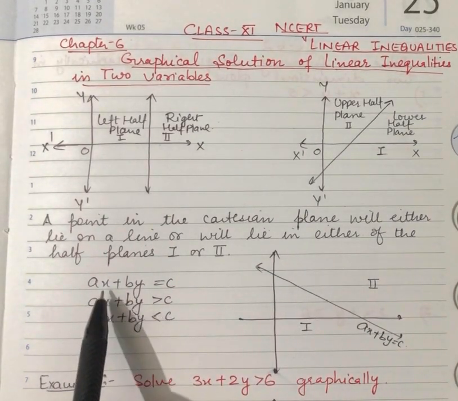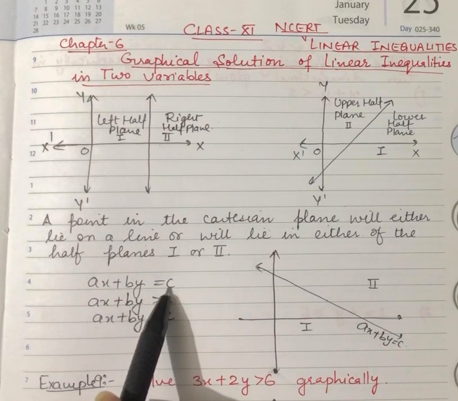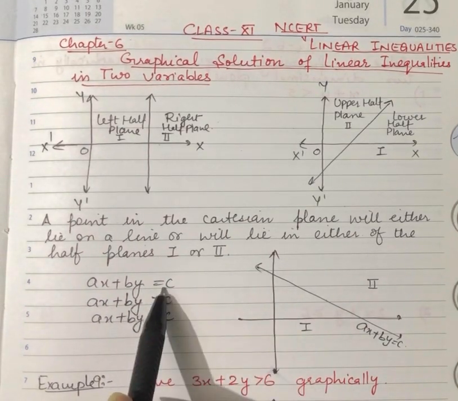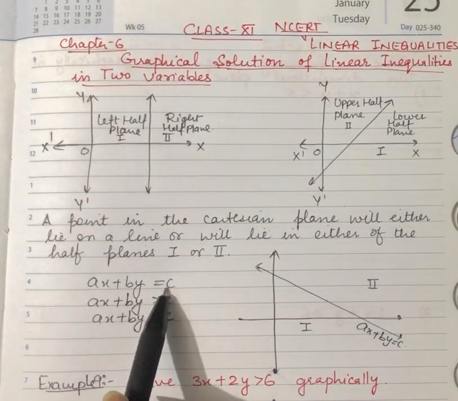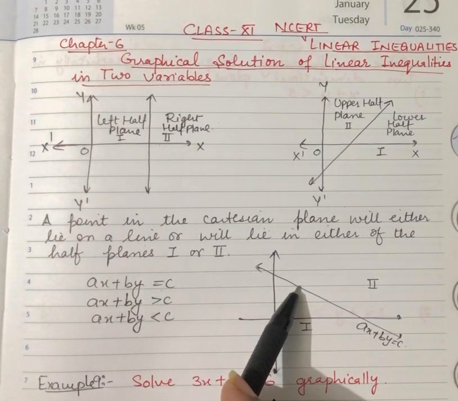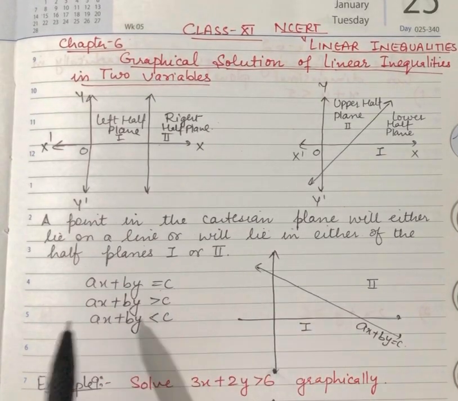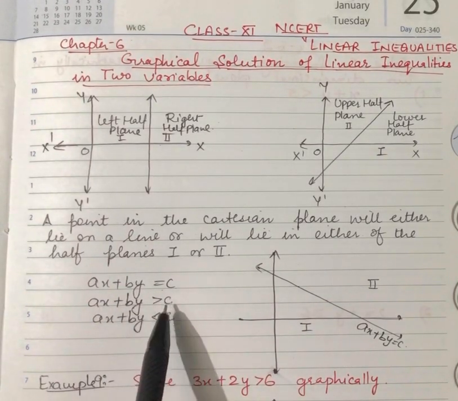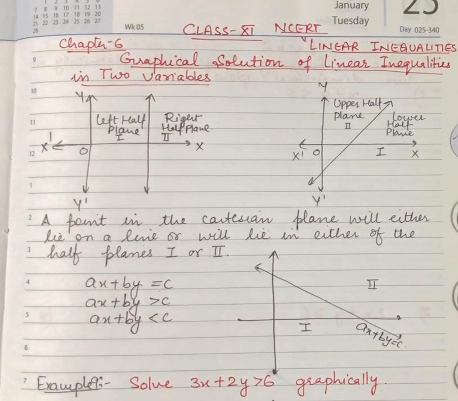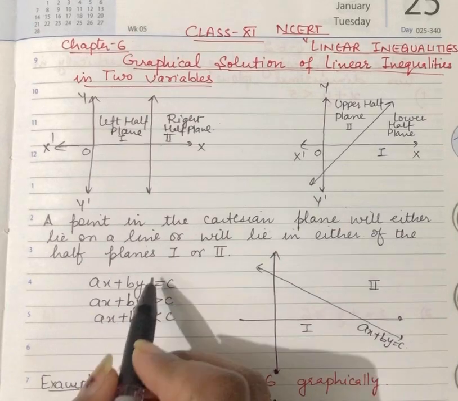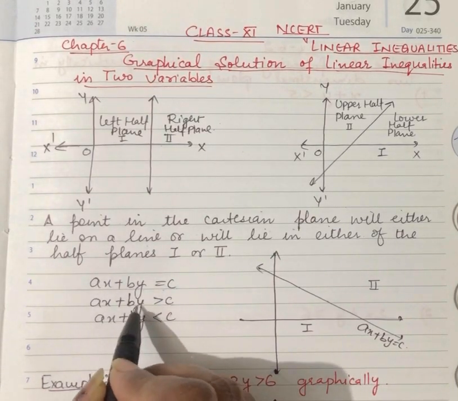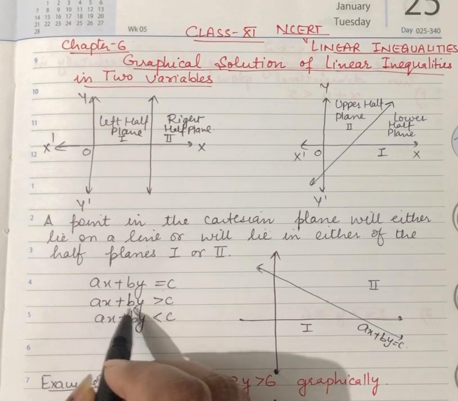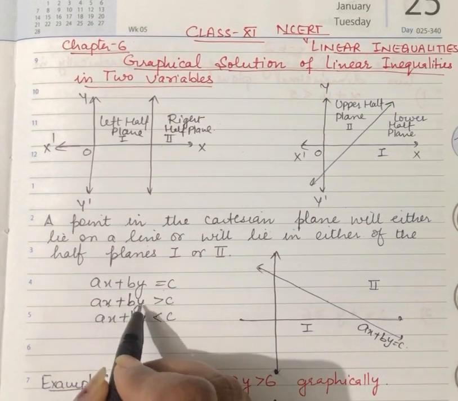For example, if we have a line ax plus by equal to c, for this the point say (x, y), if we solve this equation, that point lies on this line ax plus by equal to c. Now if we have this inequality ax plus by greater than c, we will take the same points, and the solution region will be, we will put x equal to 0, y equal to 0.